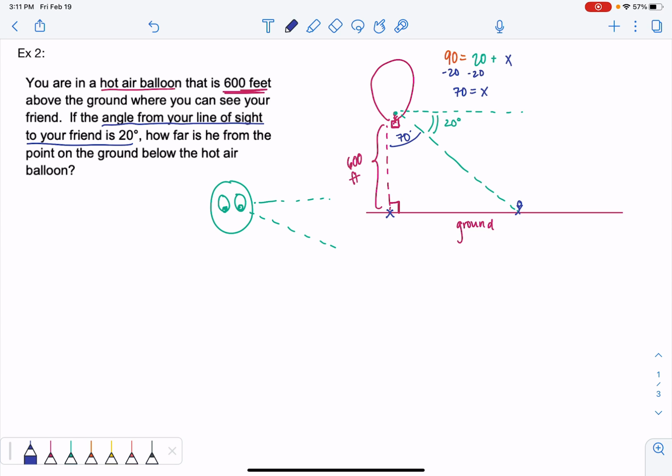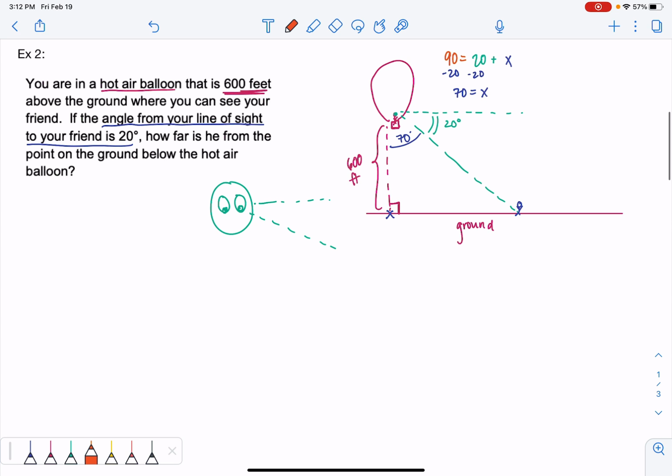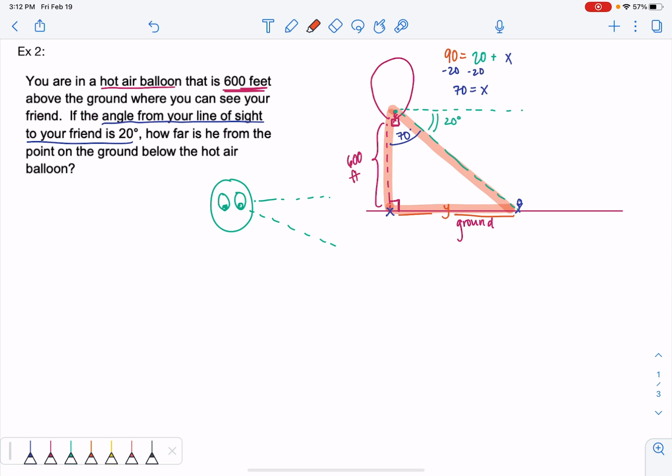So the question is asking us to find this distance. Let's do the same thing we did last time, where we trace out our triangle, and we'll redraw it. There we go.